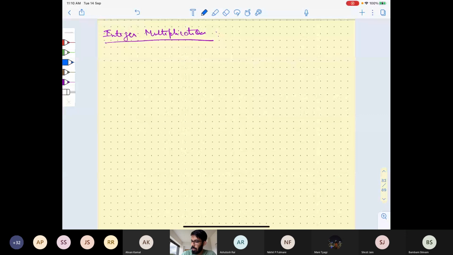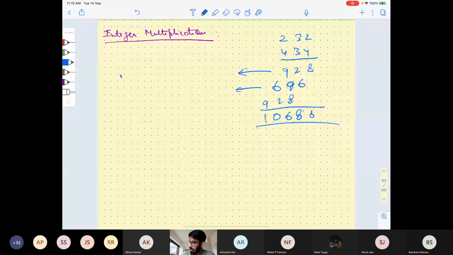Suppose we are multiplying two n-digit numbers, and there will be n partial products. We need to sum them up to get the result. Similarly, the same thing can be done in binary also, like 10100, 1100, and then you sum them up.